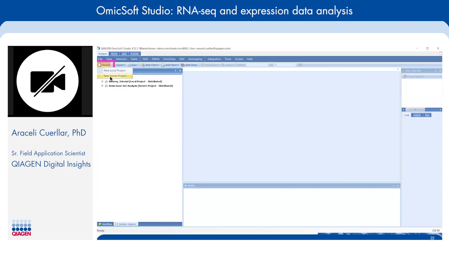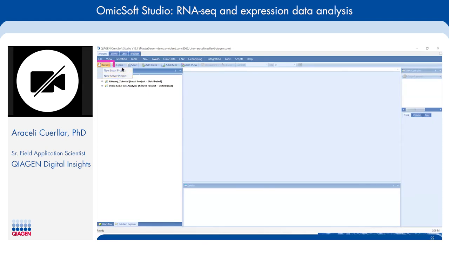So if you have a small project that's not going to take a lot of your computing power, then you can use a local project. Or if you're going to be working with multiple projects that require a lot of computing power, then you can use a server project. And so for today, I'm going to just quickly highlight how you can start either.